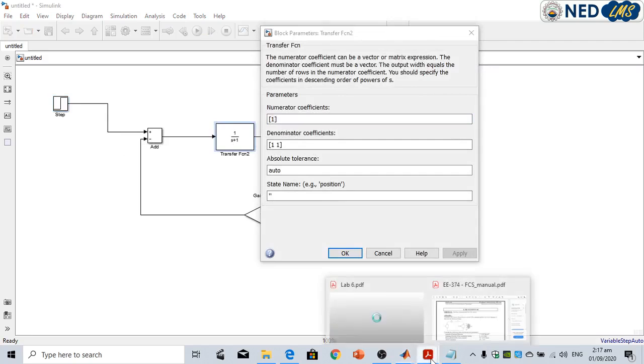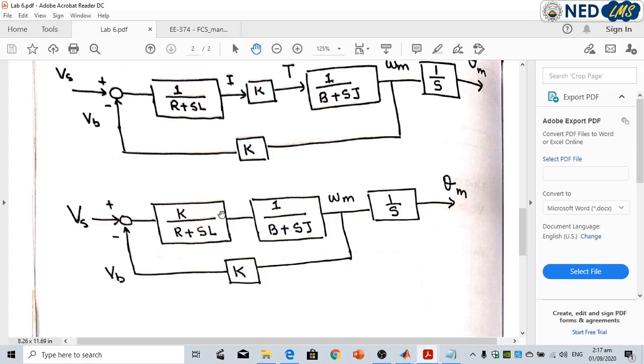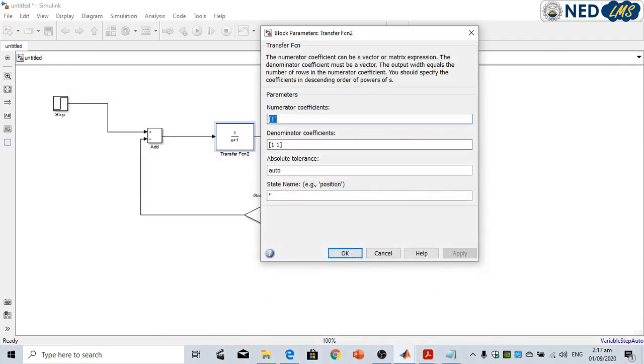The transfer function of the first block is K divided by R plus Sl. In the numerator, there is no s term, therefore 0 here. The first term is 0, the second one is constant, the constant is K here.